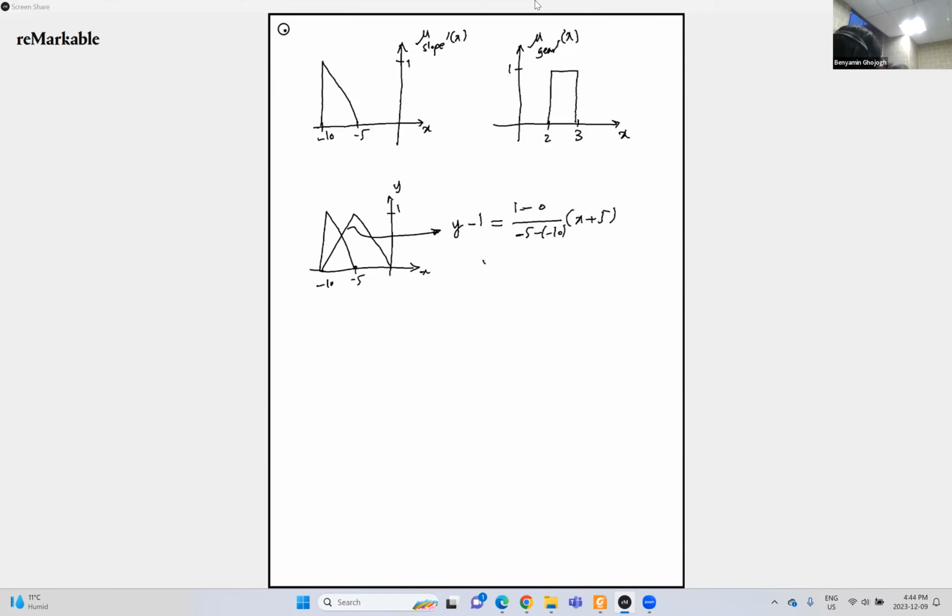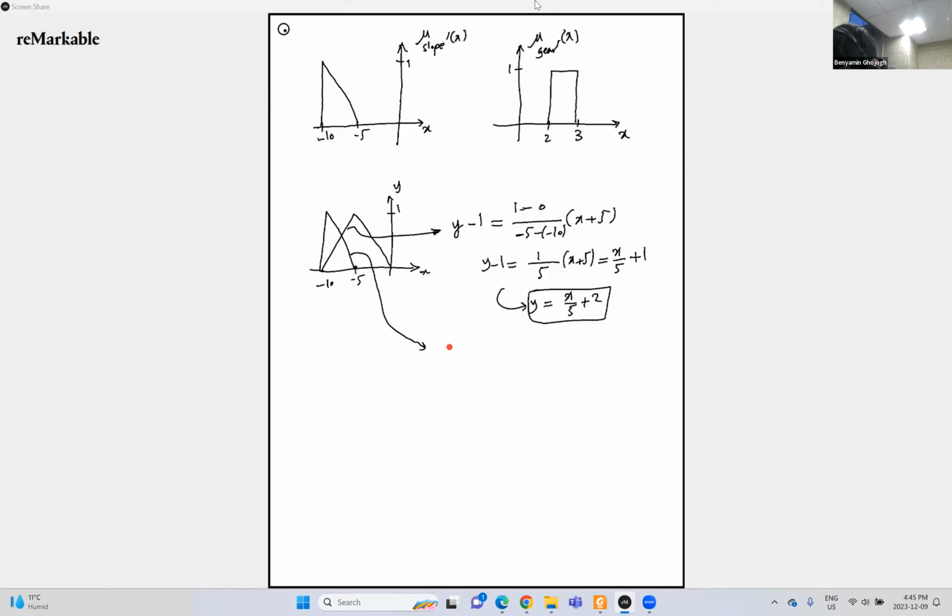So y minus 1 equals x over 5 plus 1, so y equals x over 5 plus 2. So this is the equation of this line. Am I right? Let's check it. If y is 0, then x is -10. Correct.